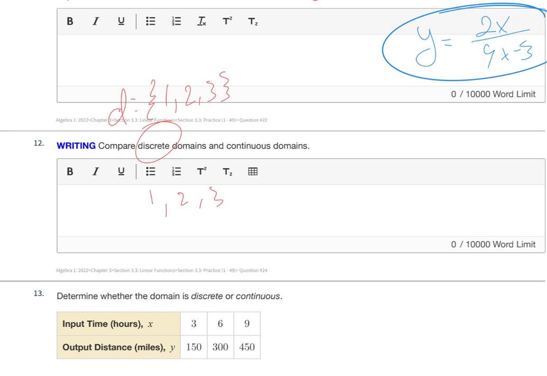This is also going to be literal numbers, but if it's continuous, the domain would be like x is a range. And you're like, what do you mean range? Well, what numbers fit in there for this statement? Does 2.1 work? Yes. Does 2.3 repeating work? Yes. So that's the difference between continuous and discrete.